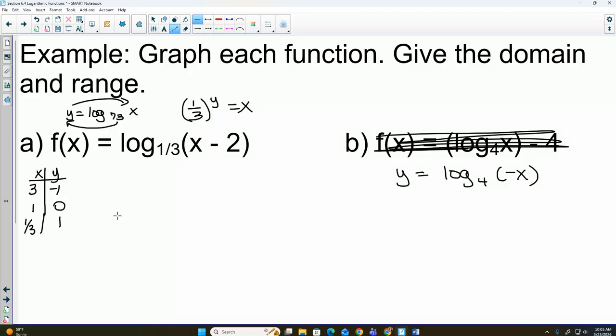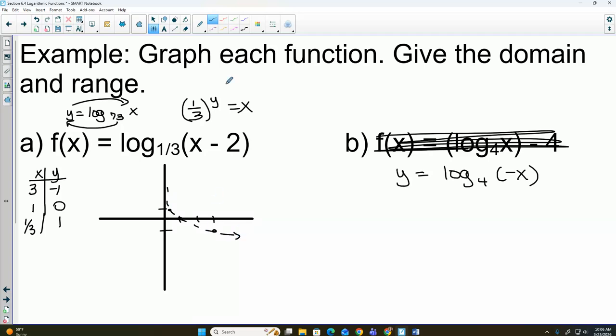All right, so if we plot those points, 3, -1, 1, 0, 1/3, 1. This is our parent function. What does the -2 do?